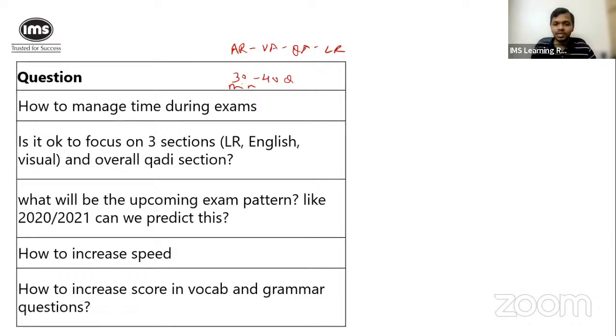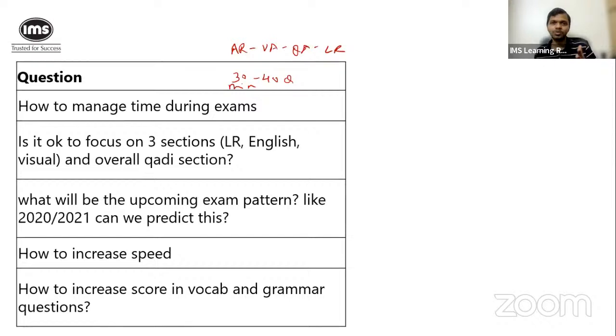What will be the upcoming exam pattern? Will it be 2020 pattern or 21 pattern? Can we predict this? Unfortunately, we can't. Even last year, they had mentioned that it is going to be a sectional format, but they changed it at the last moment. When people faced the test, they got to know that it is going to be a jumbled thing. Most likely, if you ask me, it should be the earlier format because they had followed it for a long period of time.